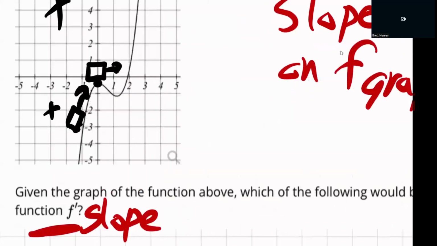I'll put 0. Your slope is flat. It's not up, it's not down, it's flat. And then, let's change color. Say you're right here. What's your slope? You're going down.